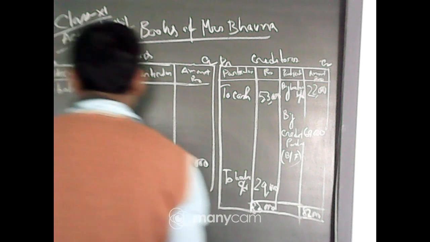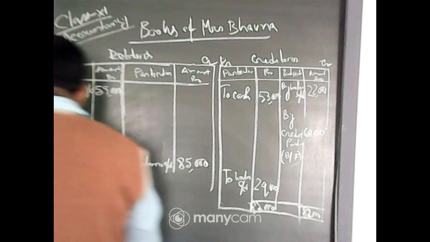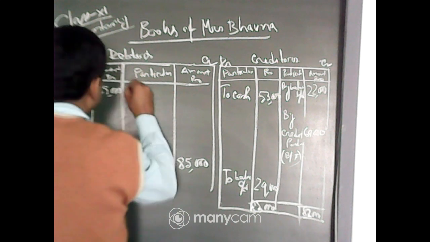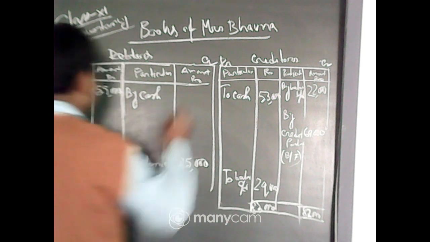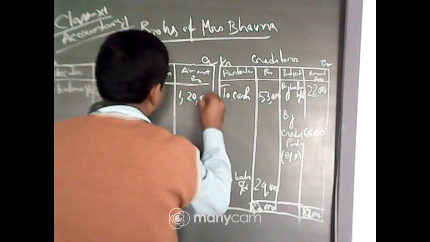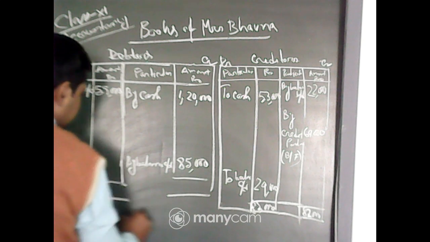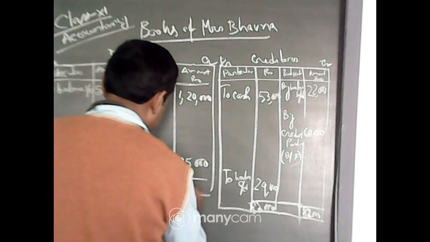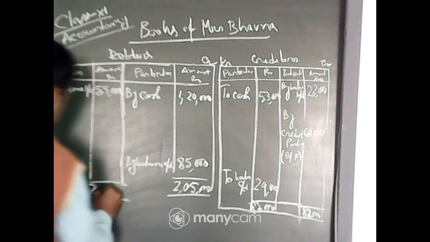So in the debtors account, you can see on the credit side, received from debtors, in the summary of cash 1,20,000, meaning cash account debit to debtors. So By Cash, that is 1,20,000. So here you can look, the debit side is more, that is 2,05,000, and on the credit side also write 2,05,000.